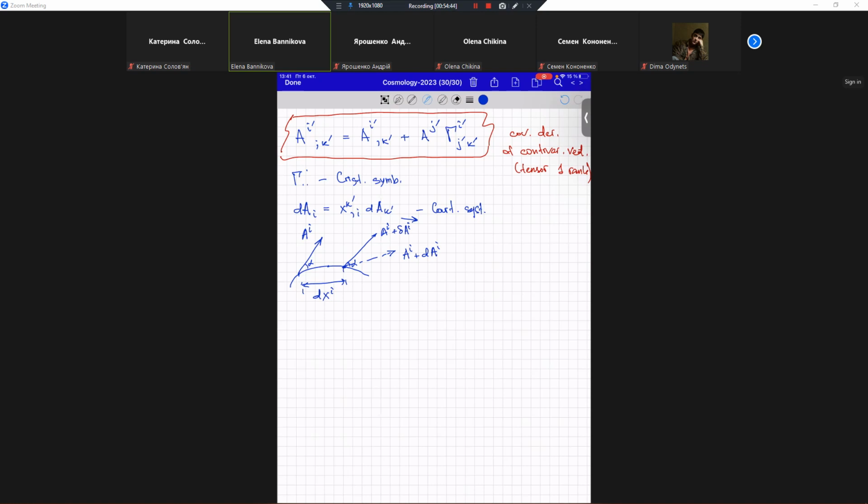And as a result we can write the differential in this case, which we can denote by big D for the case of the curved system, D A i, which is this vector.